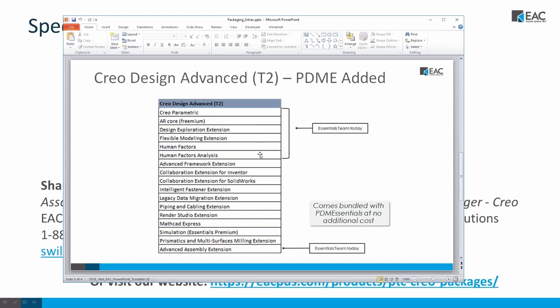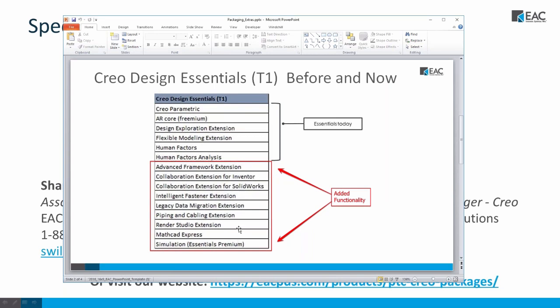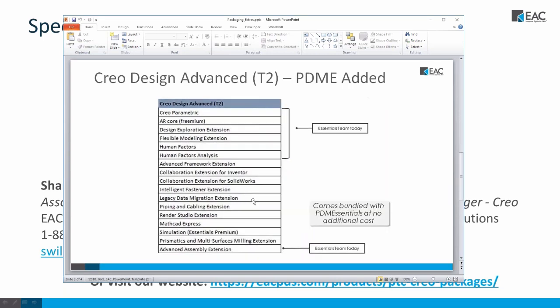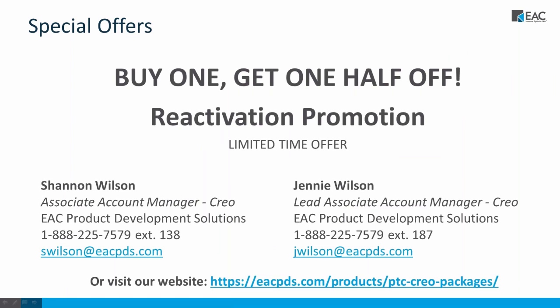So just to add to it, remember how I talked about T1 had all these other modules added to it. T2 has PDM Essentials. So that's just one thing I wanted to bring up as well. You can also attach certainly PDM Link and ProjectLink and all those things to the existing modules for an additional cost, obviously. But no, that's probably it. That's all I wanted to add.